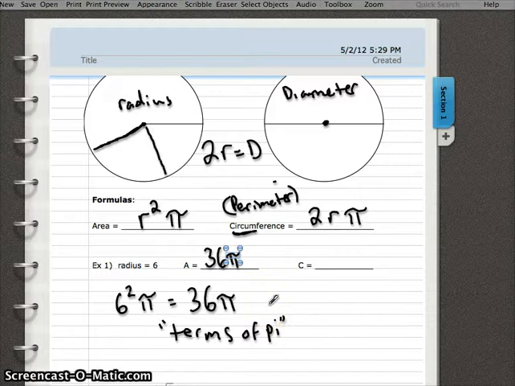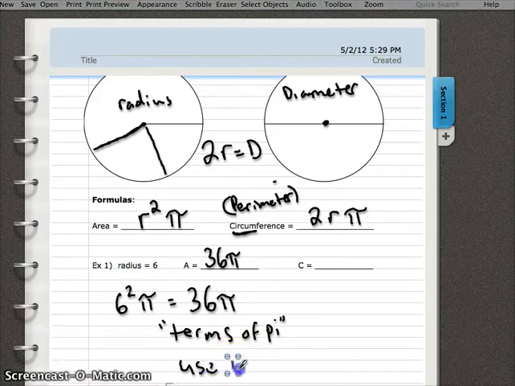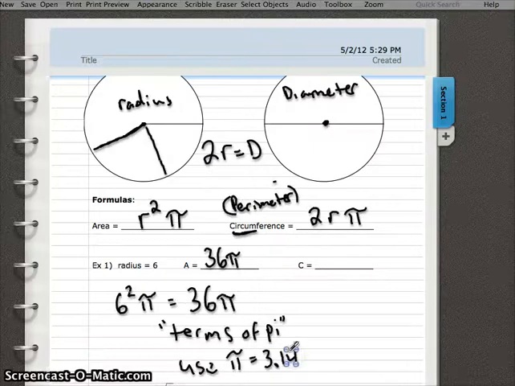Other times, they'll say use pi equals 3.14, or they'll tell you whatever value they want it to be. Maybe they give you more decimal values of pi. Pi is a continuous decimal. It's a non-repeating decimal, an irrational number.